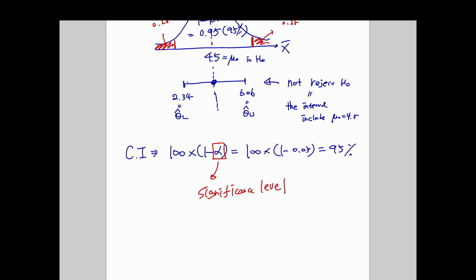Okay, so this means the confidence level, and this alpha is the significance level in the testing part.